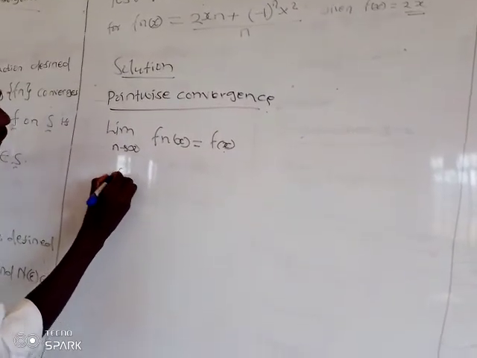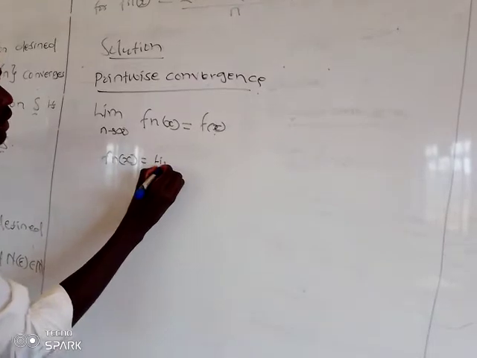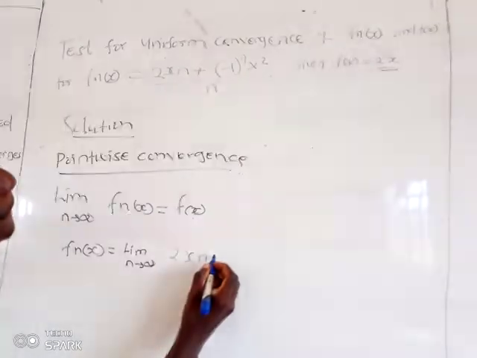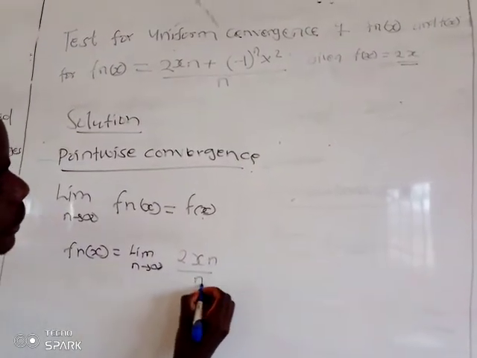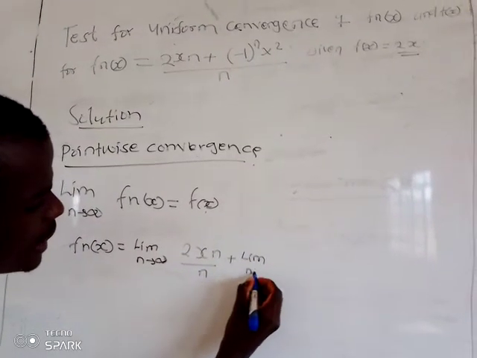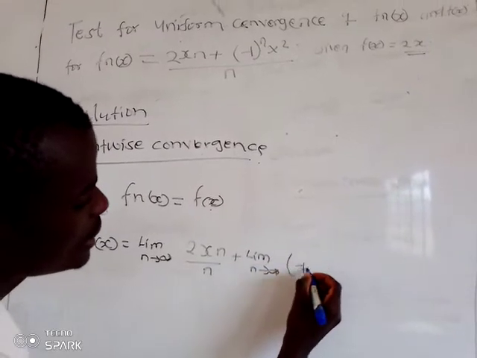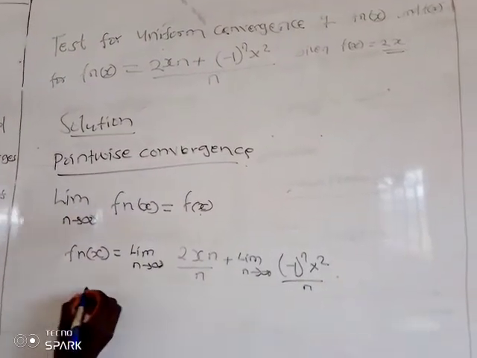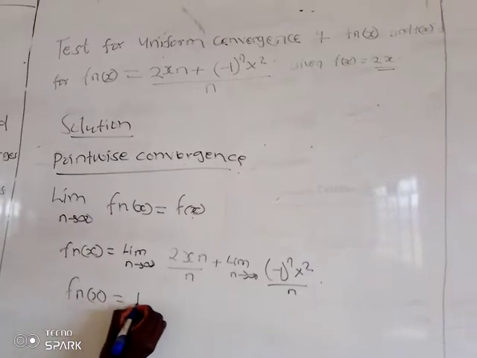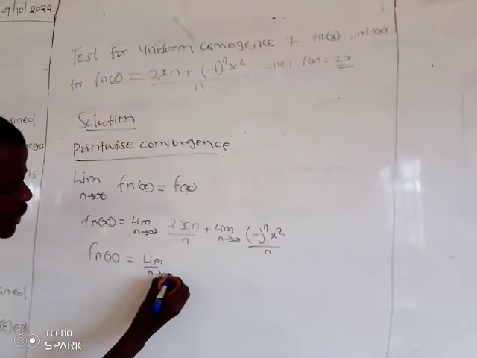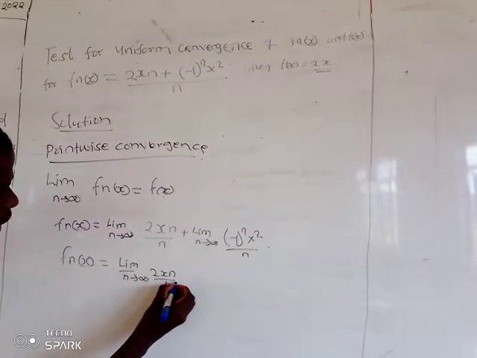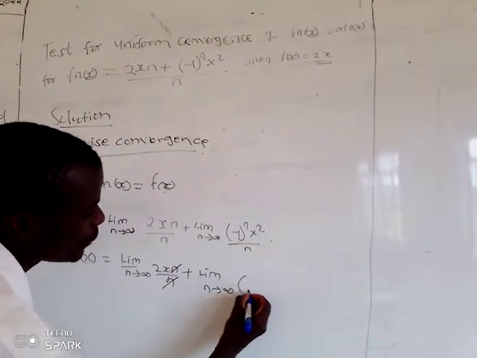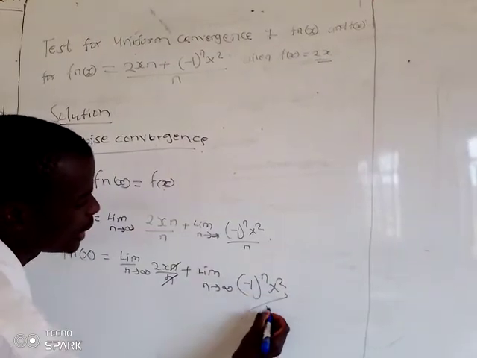So we say f_n of x is equal to the limit as n tends to infinity of 2xn all over n, plus the limit as n tends to infinity of negative 1 raised to n times x squared over n.